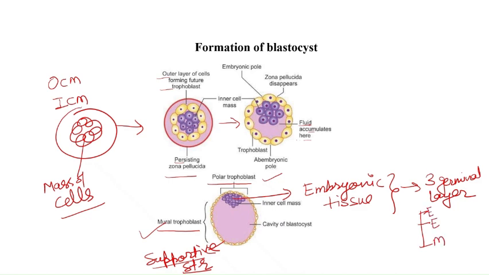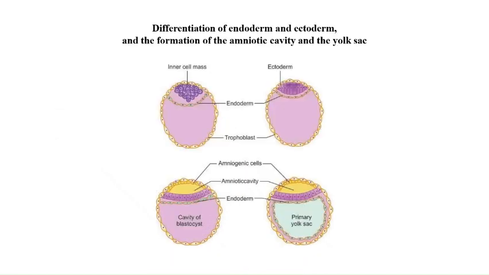All these three germ layers are derived from the inner cell mass, and all the supportive structures, like umbilical cord, placenta, fetal membranes, connecting stalk, are derived from the outer trophoblast, and all three germinal layers are derived from the inner cell mass.